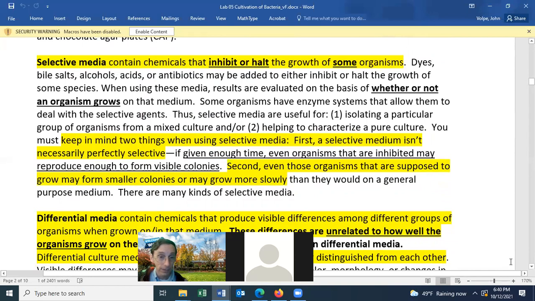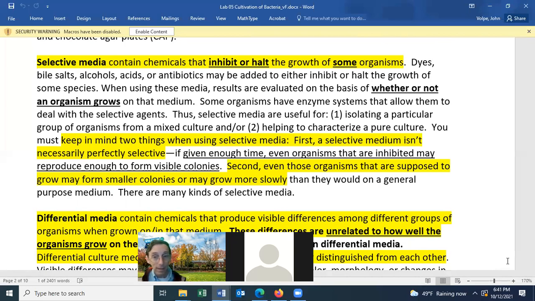Keep in mind, if you're using selective media, first, the selective media isn't necessarily perfectly selective, meaning it may not be 100% selective. You may get growth, but it will be reduced in its growth rate. So it's selected against, but not 100% selected against.